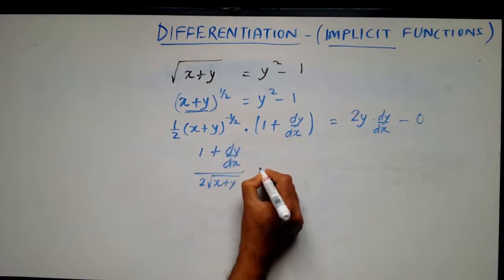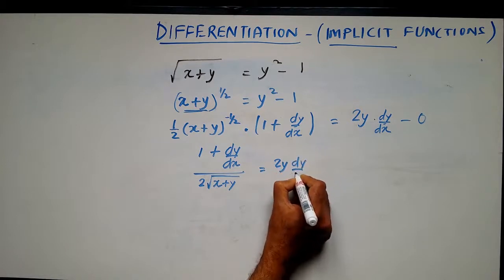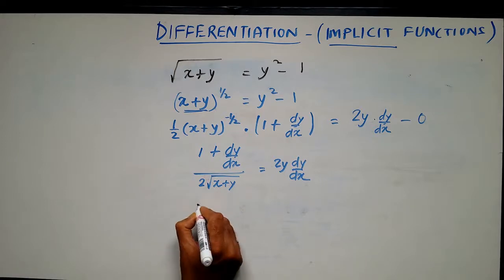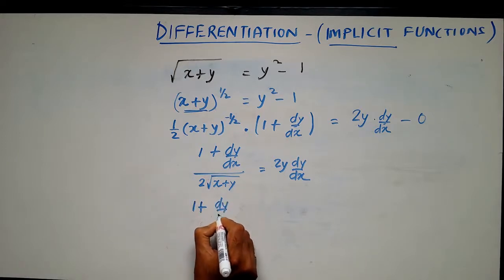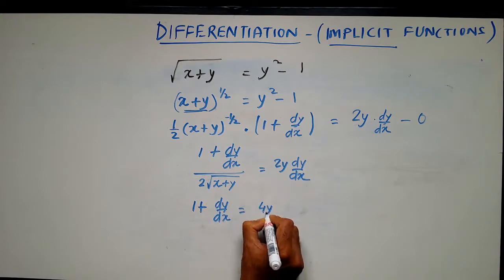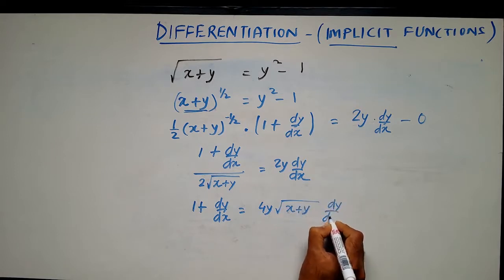We are taking this to the denominator, is equal to 2y dy by dx. So this will be 1 plus dy by dx is equal to 2 multiplied by 2 is 4, 4y root of x plus y into dy by dx.